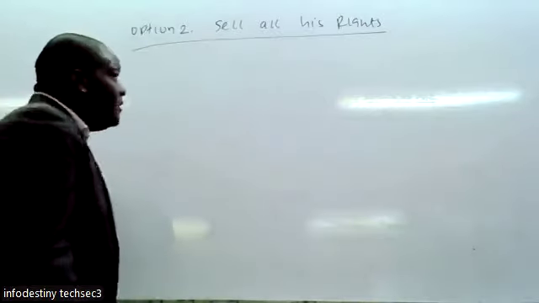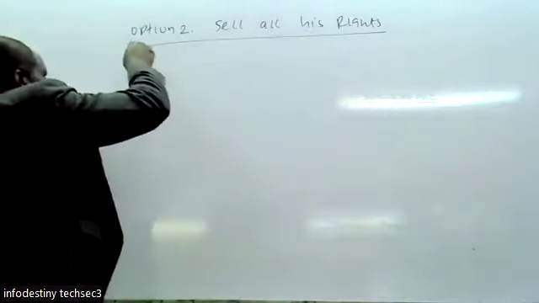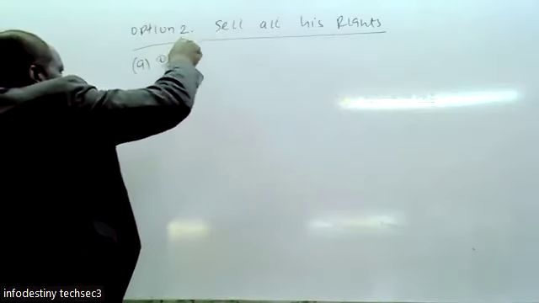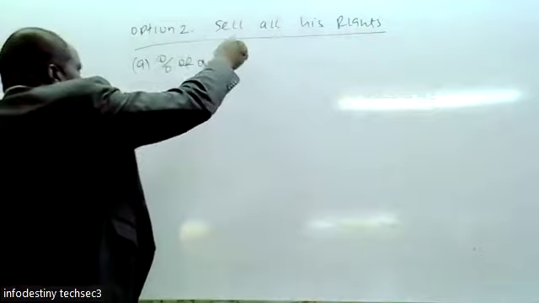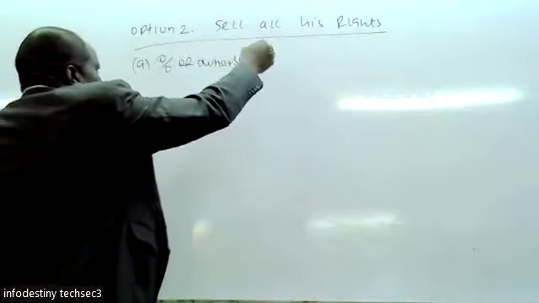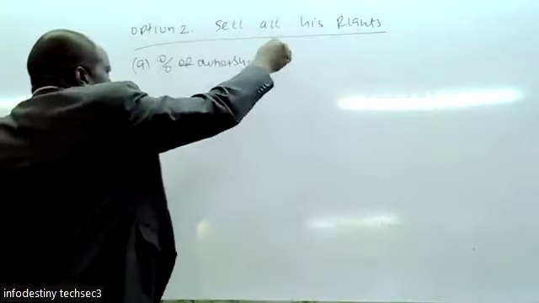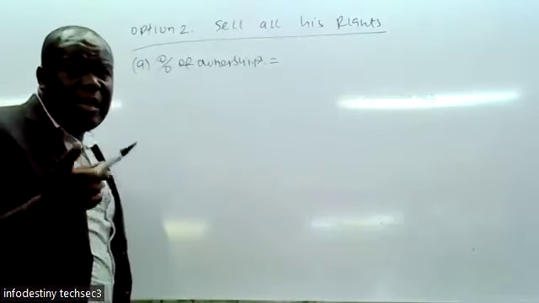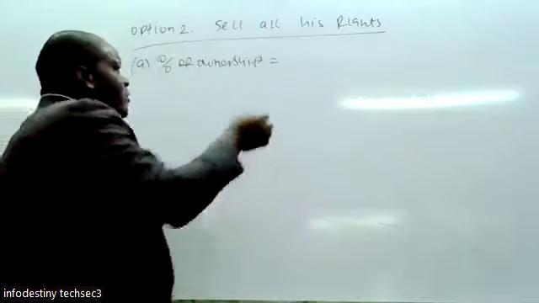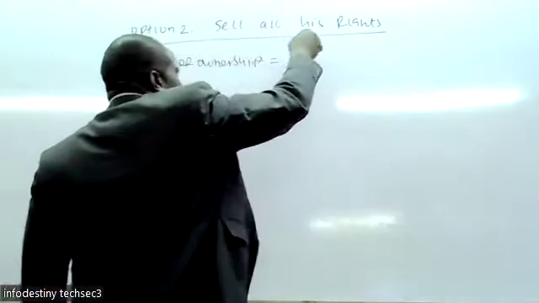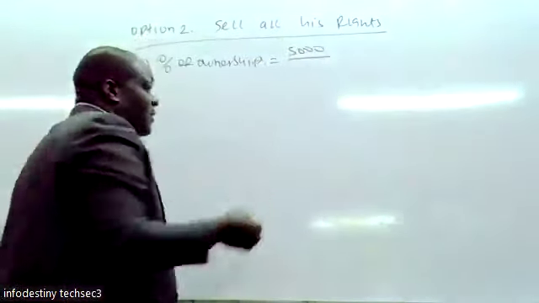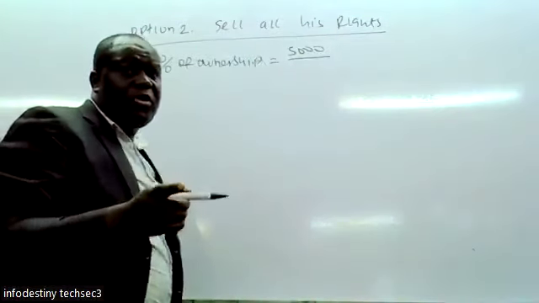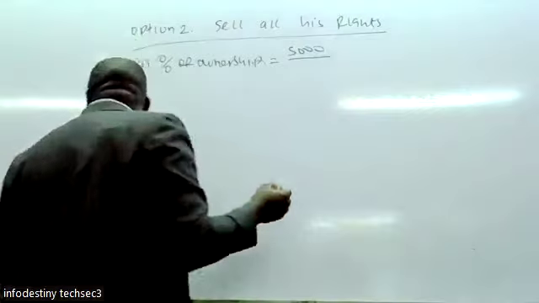1,250 shares. We start off with the percentage of ownership. He sold the 1,250, so he will be left with the original shares that he had. He had 5,000 shares. But even if we sell these shares, total shares in the company will not change.